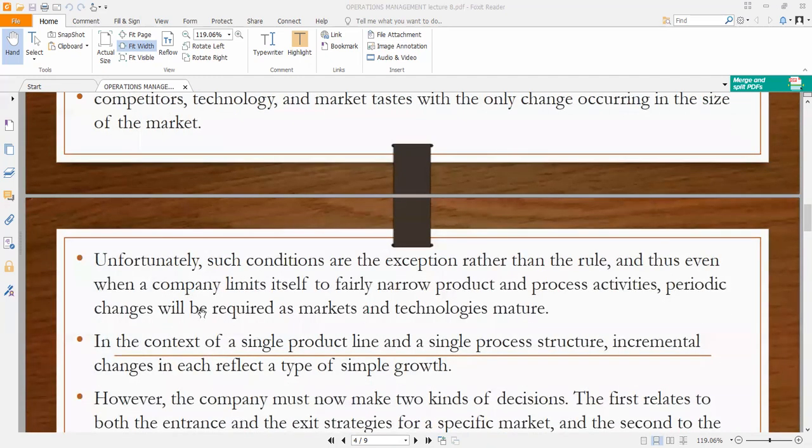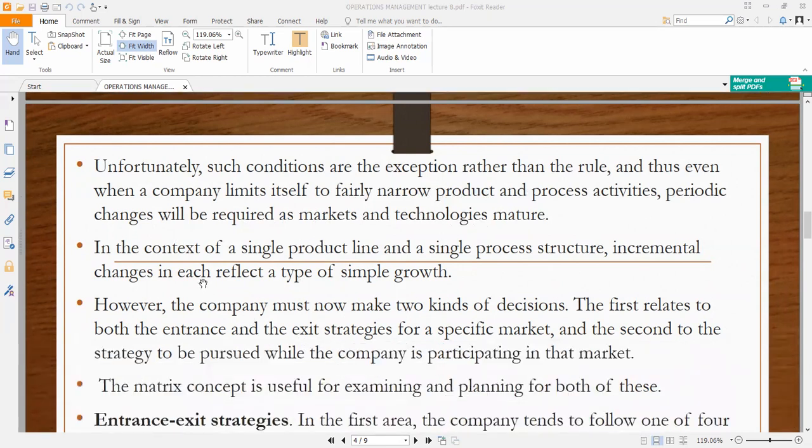Unfortunately, such conditions are the exception rather than the rule, and thus, even when a company limits itself to fairly narrow products and process activities, periodic changes will be required as markets and technologies mature. In the context of a single product line and single process structure, incremental changes in each reflect a type of simple growth.